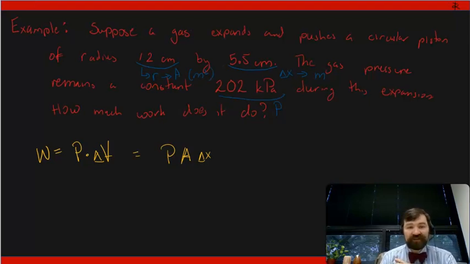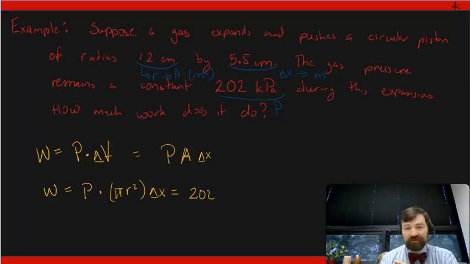So we come back down to our original equation. This becomes P times pi r squared times delta X, and then we can plug in each of the numbers. So 202 kilopascals.